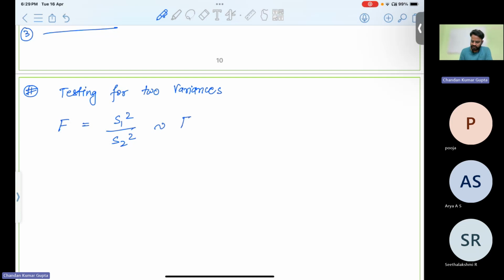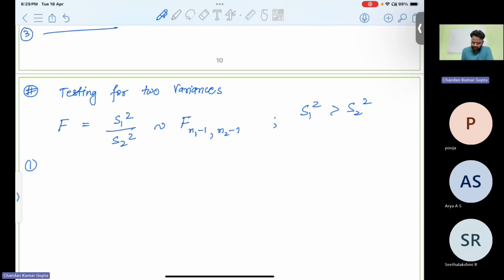This follows the F distribution with N1 minus 1, N2 minus 1 degrees of freedom. We take the larger value in the numerator, so S1 square is greater than S2 square. If S2 square is greater, then we put S2 square in the numerator and S1 square in the denominator.